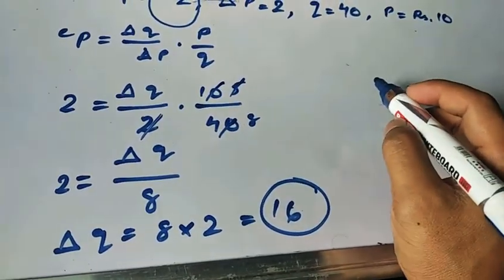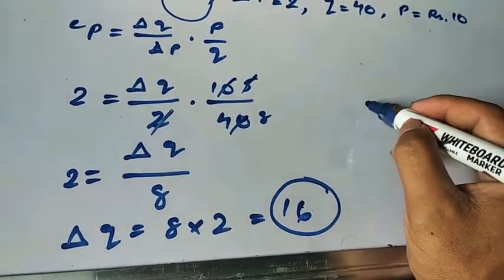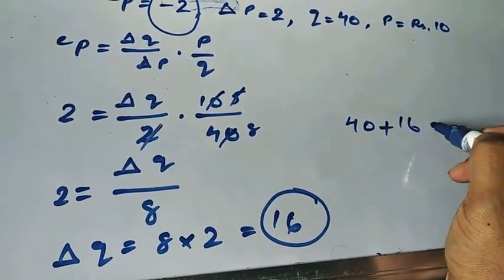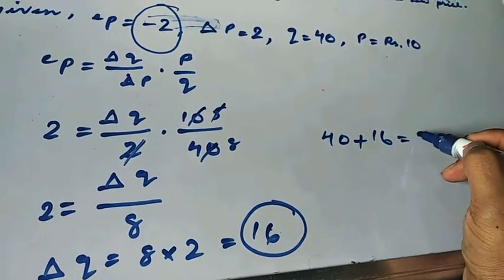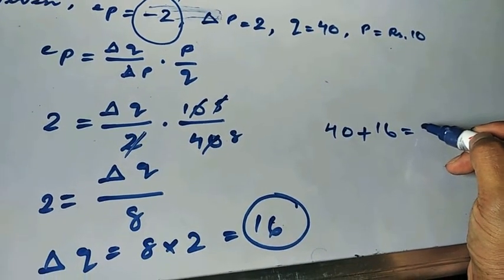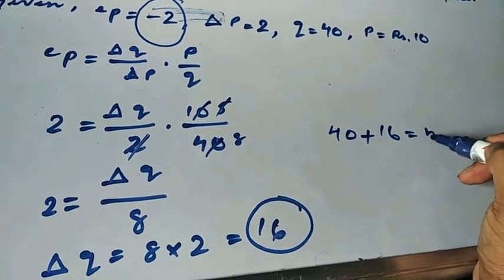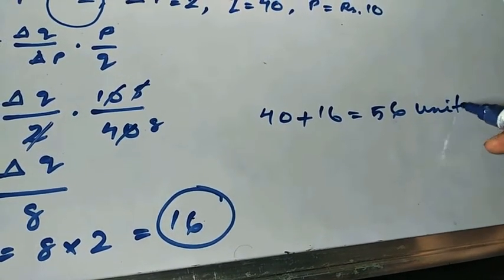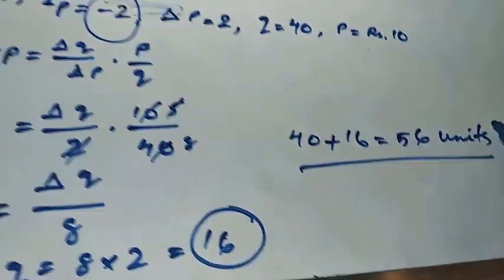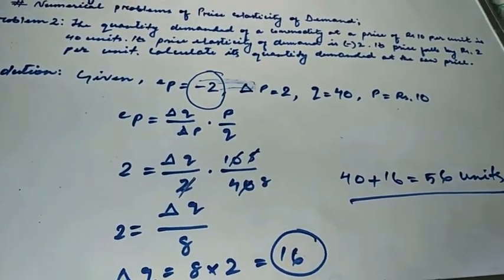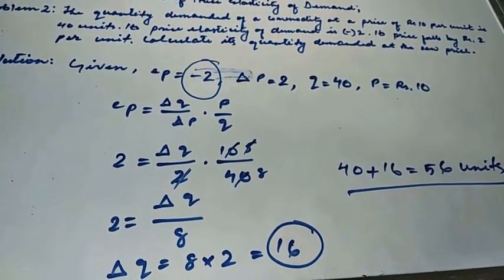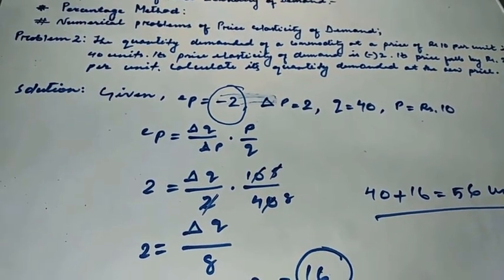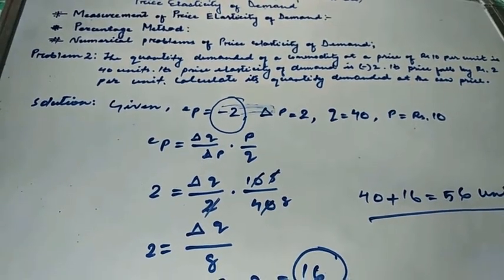The total quantity demanded will be 40 as earlier, and then 16 is added here. When we add, it will be 56 units. That is how we find out the quantity demanded at the new price, ignoring the minus sign of the price elasticity of demand.